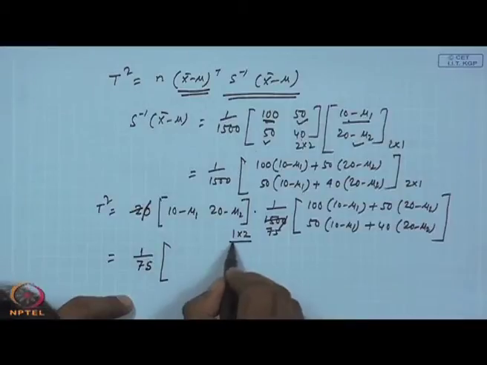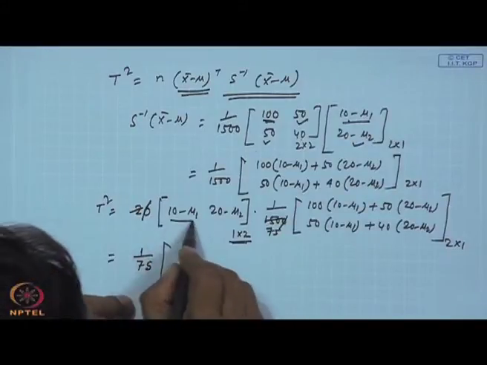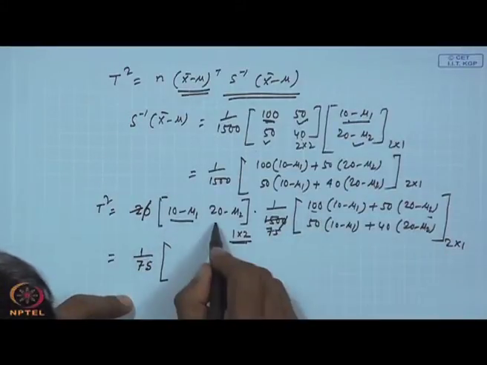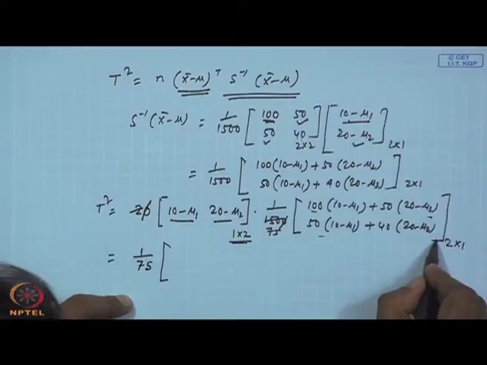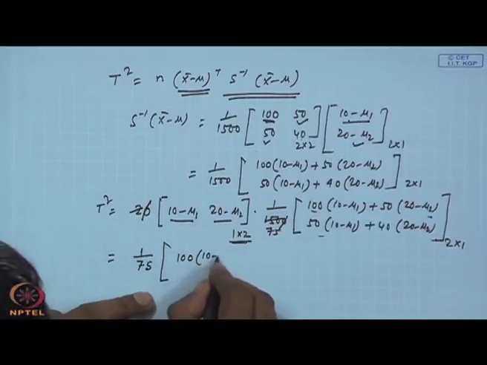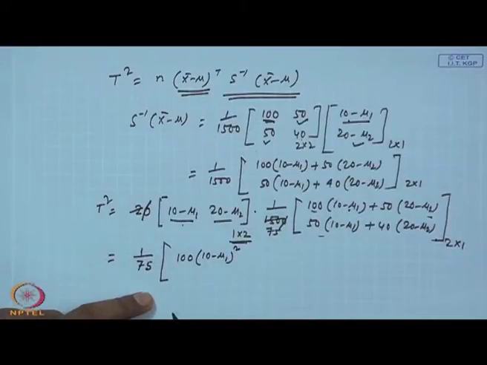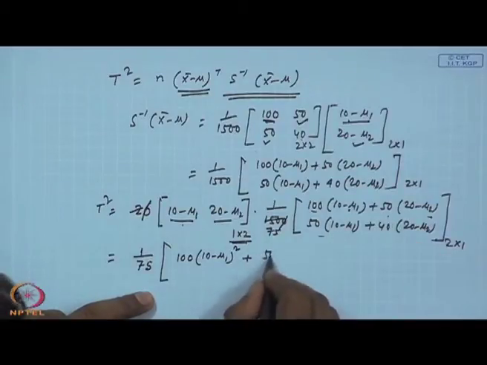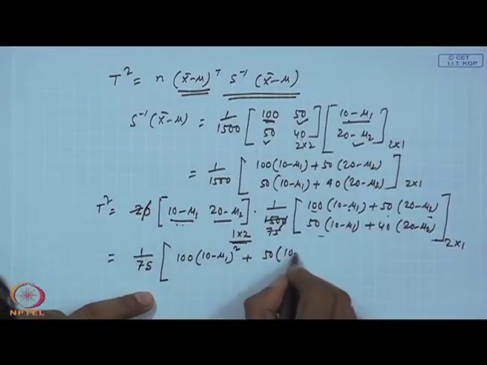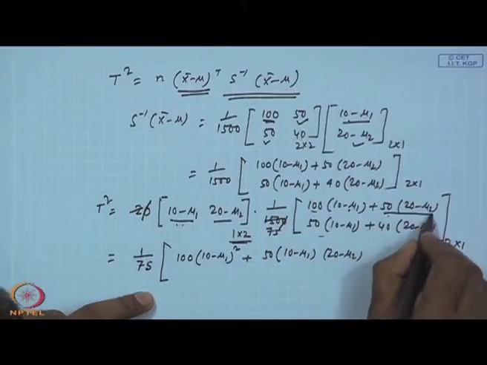Now, you see it is 1 cross 2 and 2 cross 1. So, you will be getting only one scalar value. So, multiply this into this and this into this. Your resultant quantity will be 100 into (10 minus mu 1) square, plus 50 into (10 minus mu 1) into (20 minus mu 2).